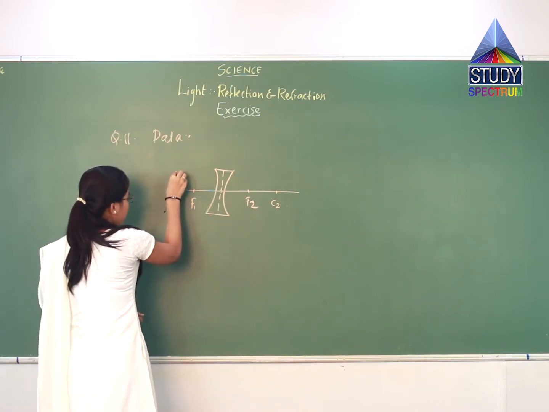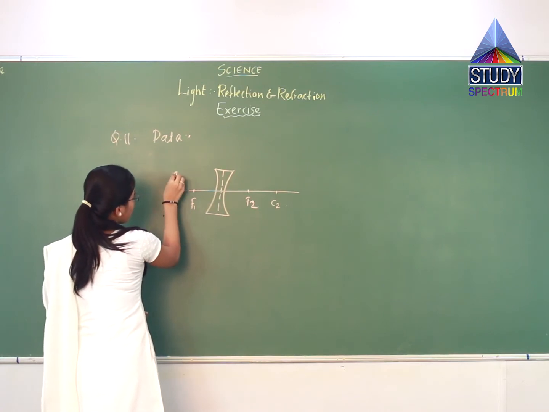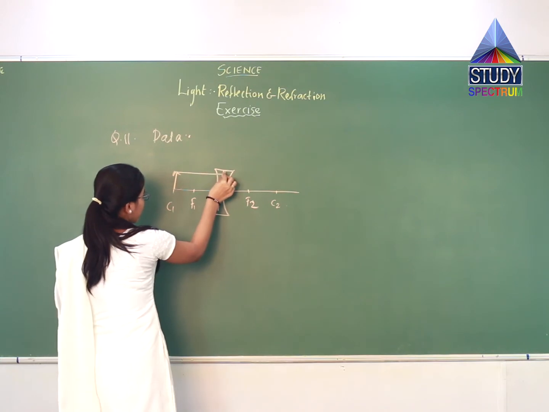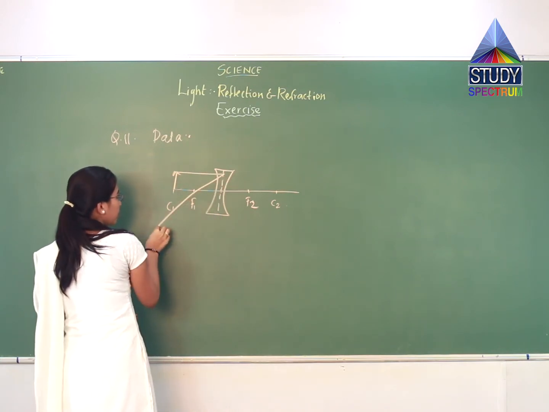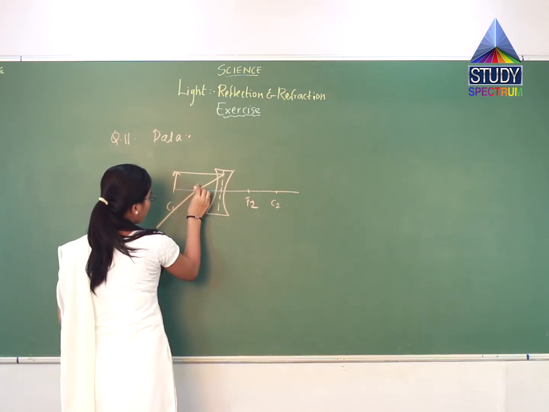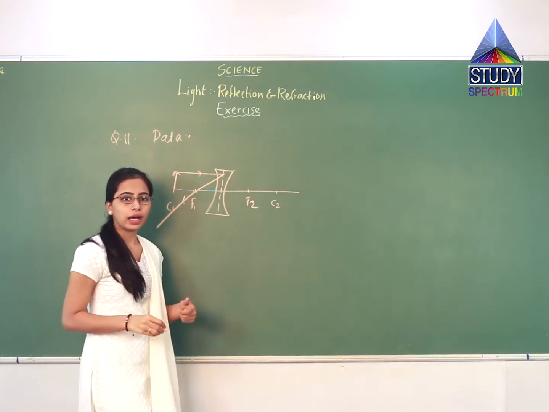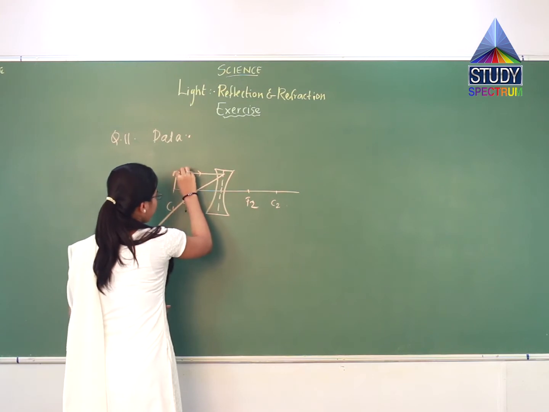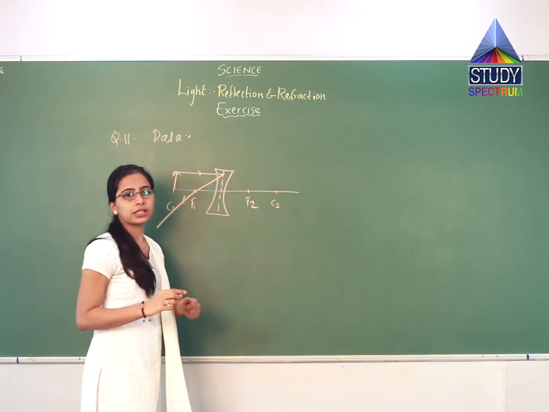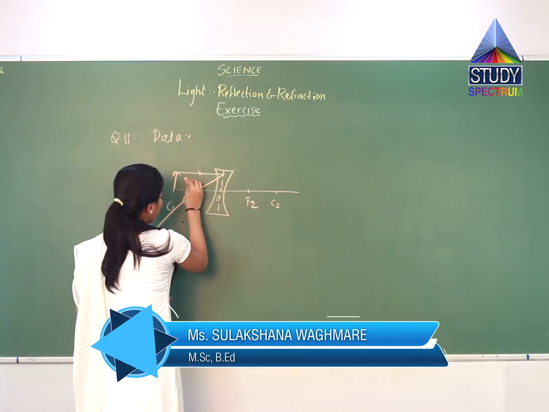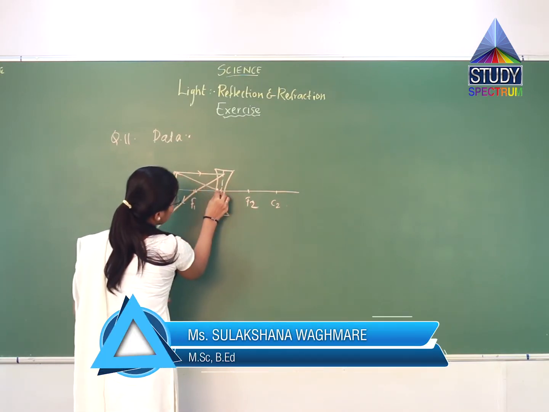Suppose this is the object, light will fall and it will come from the focus here like this, and again the light will travel through the origin of the lens here, suppose like this.